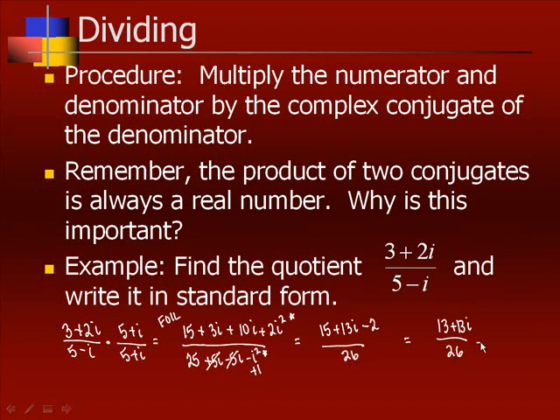So now the question becomes, will it reduce? Well, we could factor a 13 out of everything, so 13 goes into 13(1), 13 goes into 13I, 1I, and 13 goes into 26 2 times. If you need to see those steps, that's 13 times 1 plus I over 13 times 2, and then we cancel, and we get 1 plus I over 2.